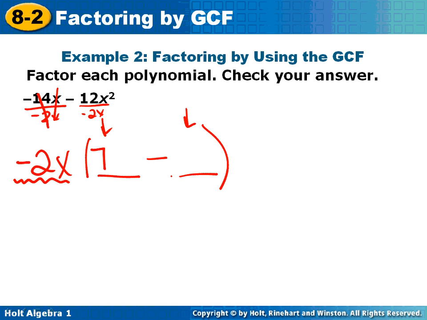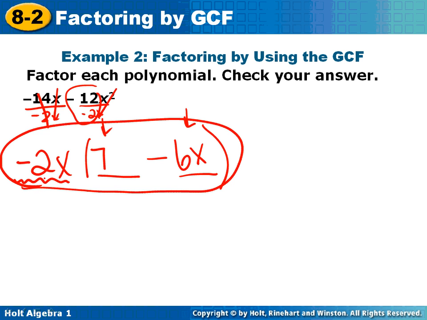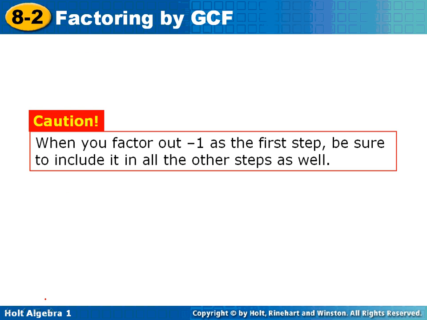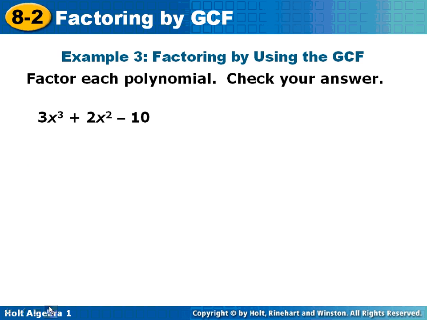On the second one, negative 2 goes into negative 12 6 times. X squared and x cancel to give me an x, and that is your solution to that problem. So there's two ways that you can actually work through it. Next time, be careful if you're doing negative 1 and make sure that negative 1 follows down all the way if all you can take out is a negative 1.